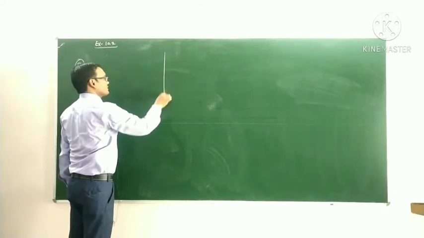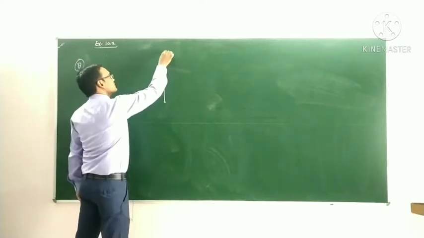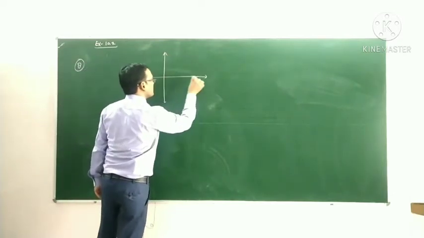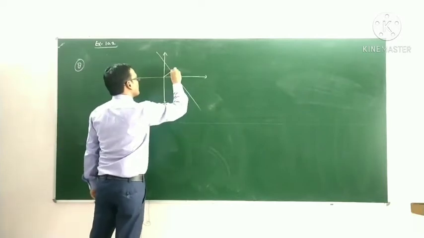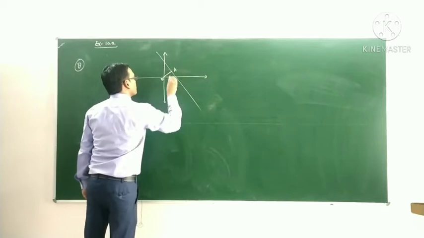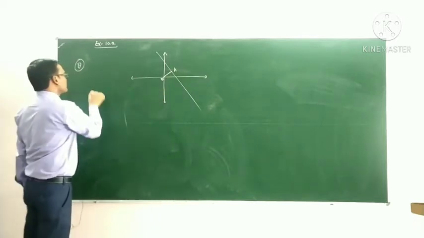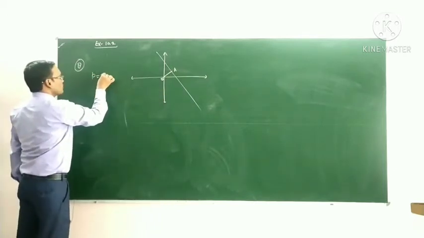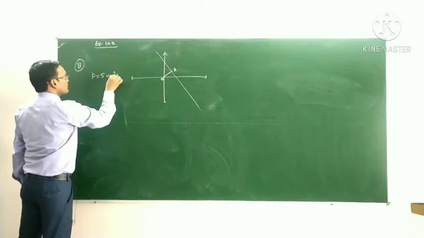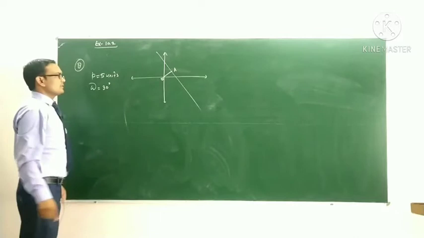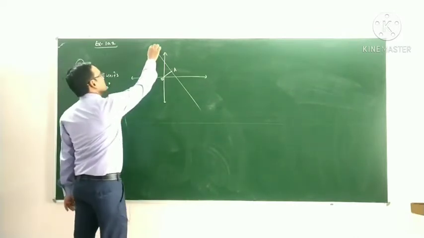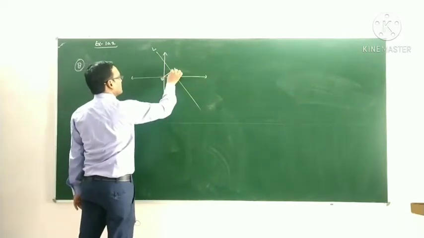In this question it is given that p equal to 5 units and omega equal to 30 degrees, then we find the equation of the straight line L.